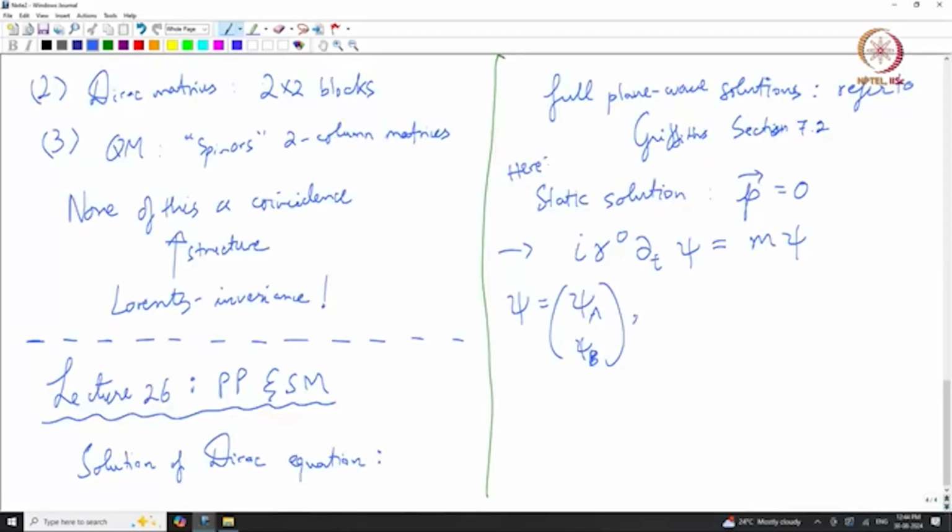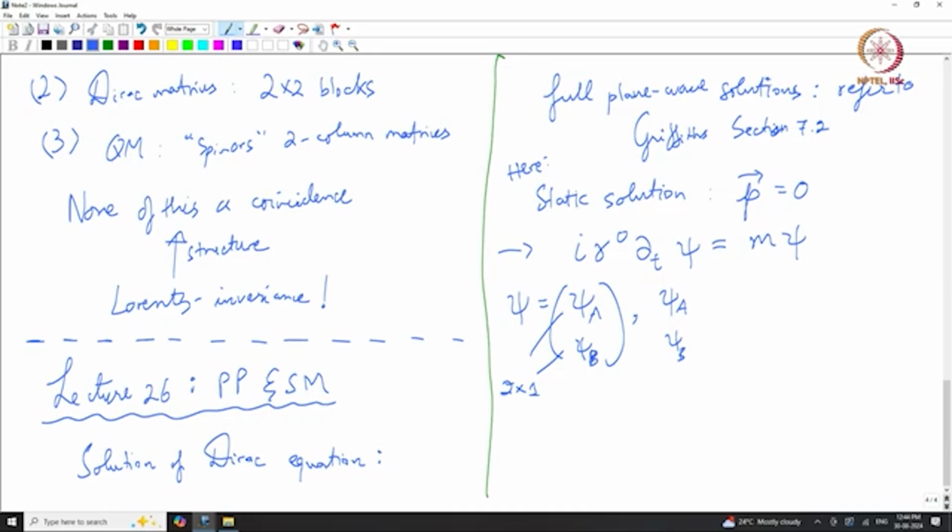So that I can now write the solution in terms of the psi A and the psi B, okay. They both are what? 2 cross 1 matrices, right. So that I get a total 4 cross 1 matrix.